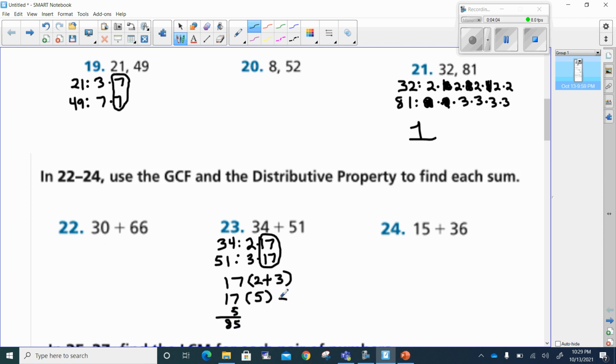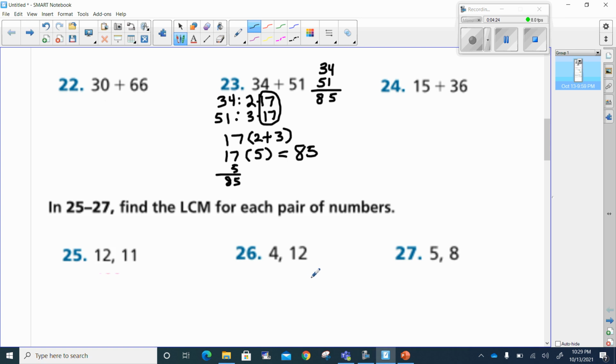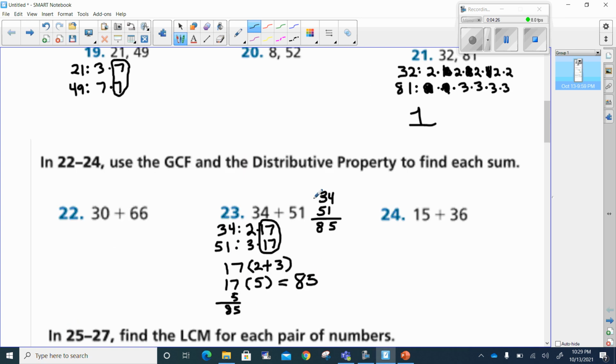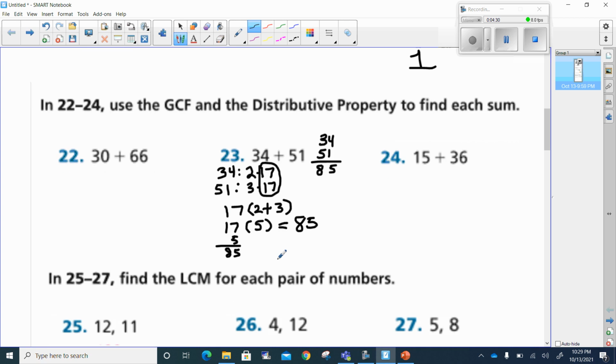So let's see if that works. 85, does that match up to me taking 34 and adding it to 51? Well, 4 plus 1 is 5, and 3 plus 5 is 8. And there we go, 85 is our answer. Now, we answered it this way using the distributive property, because over here we would have had it distribute. So we factored it out using distributive property.